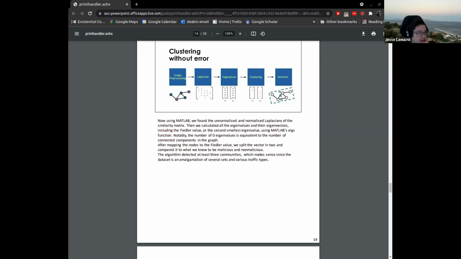Sorry to interrupt. I don't think we can see that actually. Unless... okay. Let's try to show just that slide. We're stuck on the slide, clustering without error, with the 4 blue boxes. Is it working now? I still only see slide 14. Very strange. Do you want me to share your slides from here? Yeah, that might be a better idea. There aren't too many left, luckily, only 5 or 6 left, but that would be great if you could.